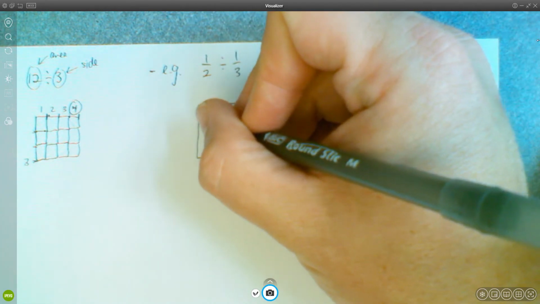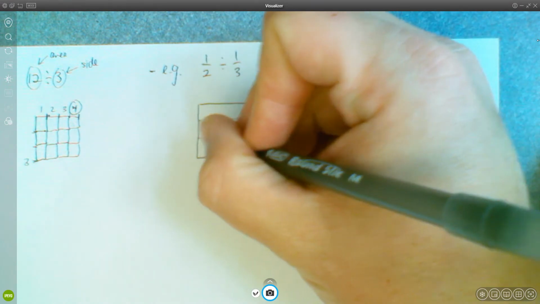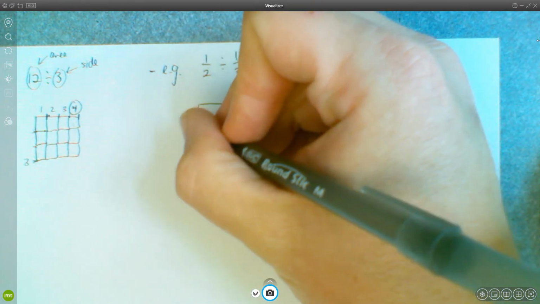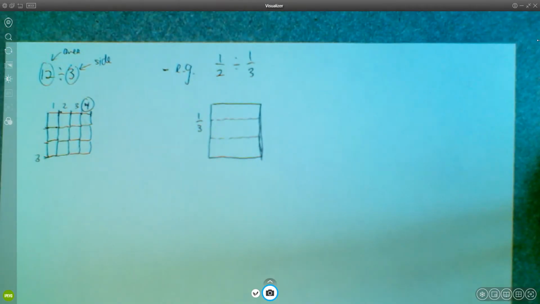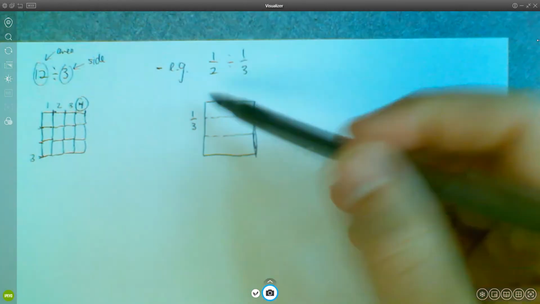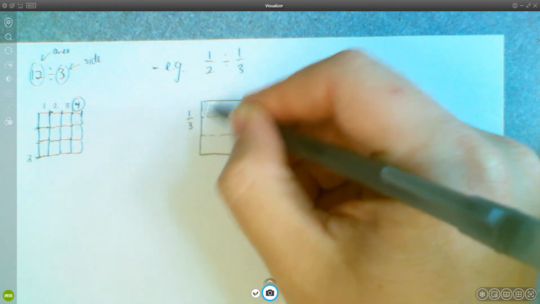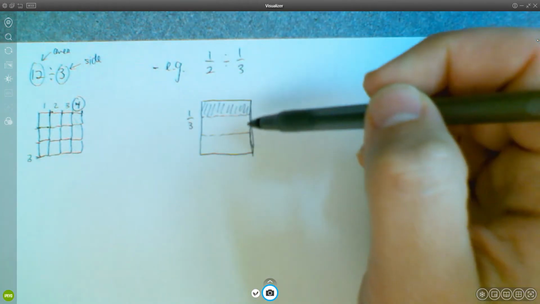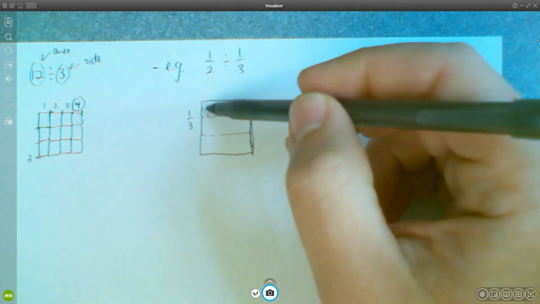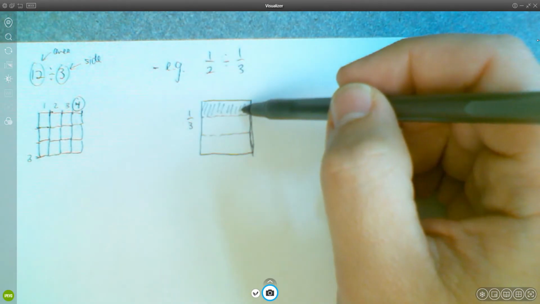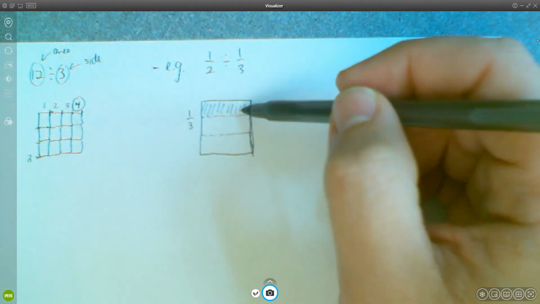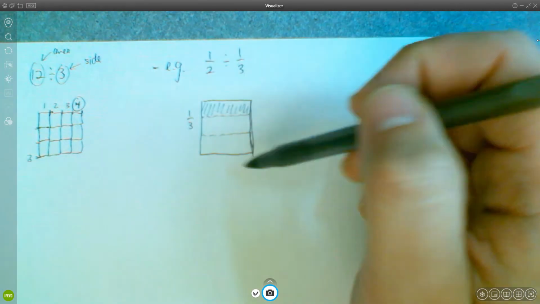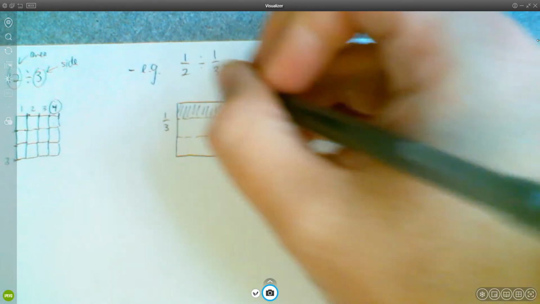So I'm going to split the side up into 3 parts, and this is 1/3 right here. Now the question is, how many copies of this 1/3 bar do I need in order to make 1/2? Well, if I only take one of these bars, then I'm only going to have 1/3 of the area, and I need 1/2 of a unit.